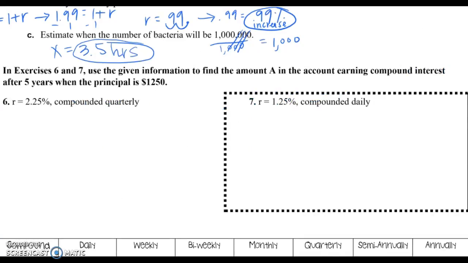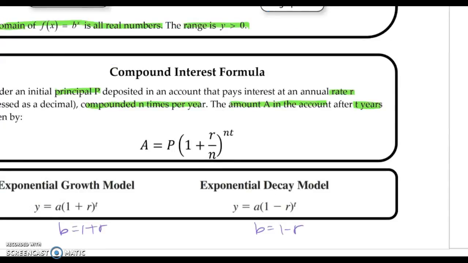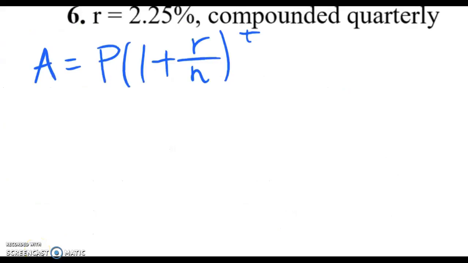Next part tells us to use the given information to find the amount A in the account earning compound interest after 5 years when the principal is 1,250. So we need to use the compound interest formula. So go ahead and write that down. Now I want you to label what each variable represents. So A is what we're looking for.